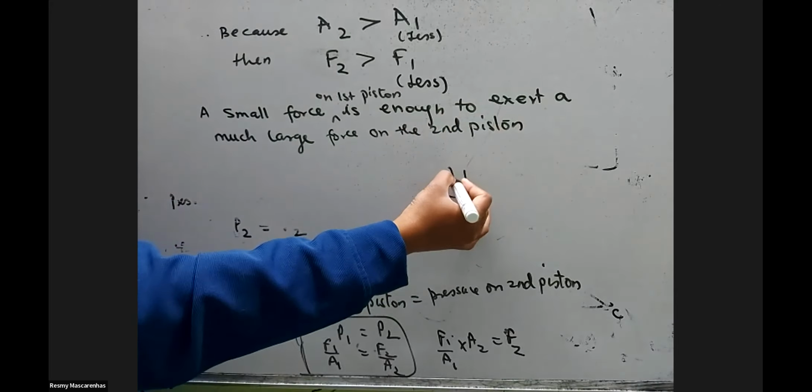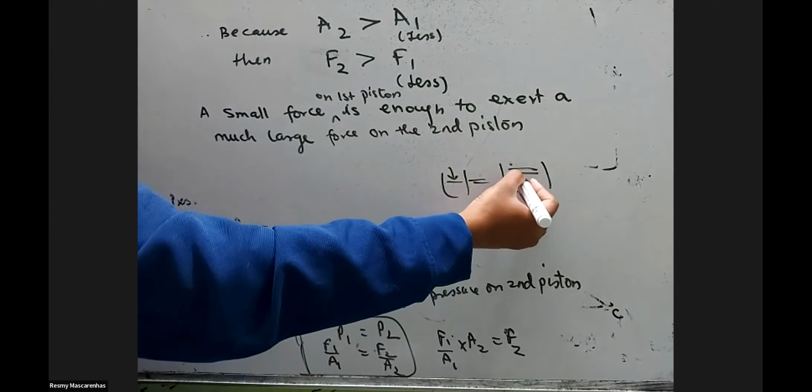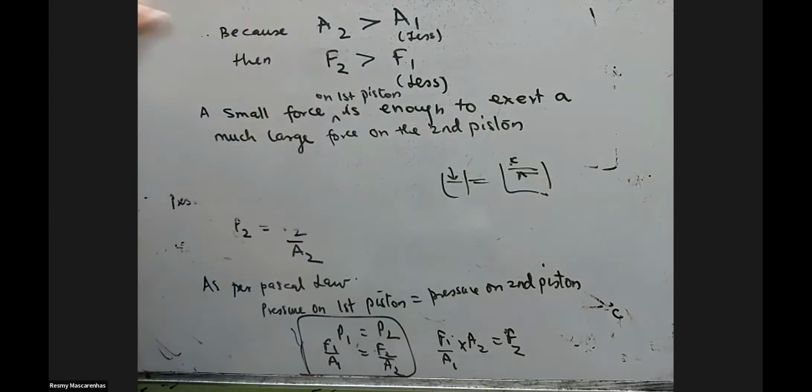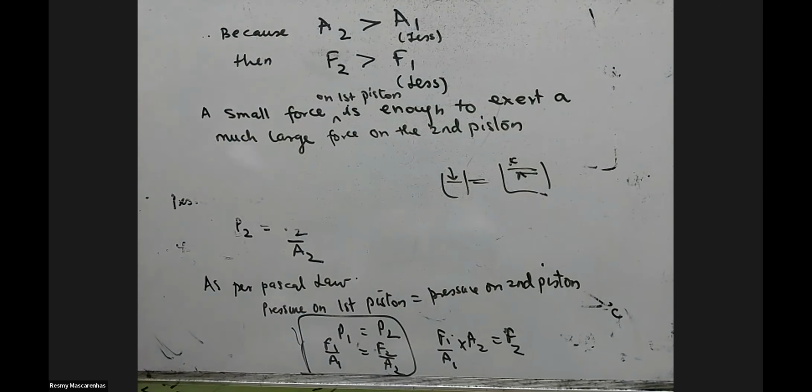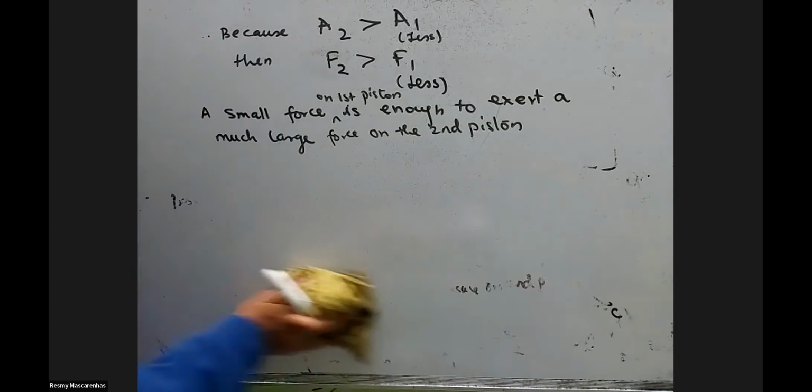Like that small tube, small force is enough. But it will convert it into a big force, because pressure is the same, area is big, that's why force will be large. Pressure remains the same, area and force change. Remember that.